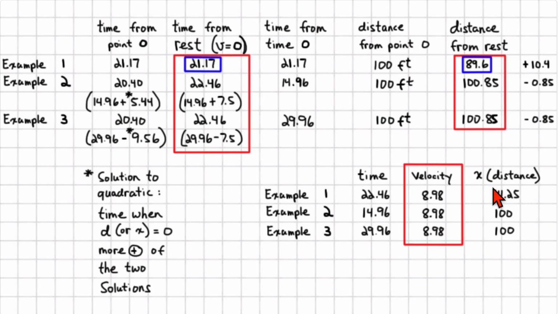So using this distance in the distance equation for example 1, you'll come up with 22.46 seconds for the time. So it takes this amount of time to travel 100.85 feet from rest. And that would be 111.25 feet from point 0 to get to this velocity of 8.98. And this time has to match the time that it takes for bodies 2 and 3 to travel from rest to 100.85 feet. This 22.46 seconds has to be the same for body 2 and body 3.